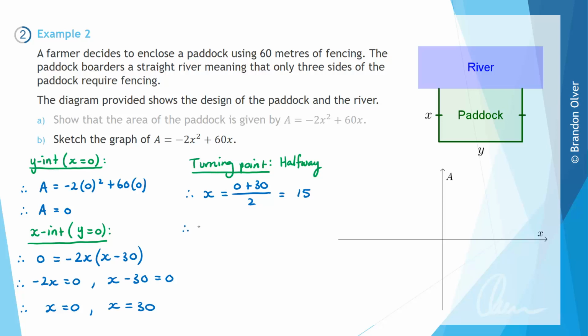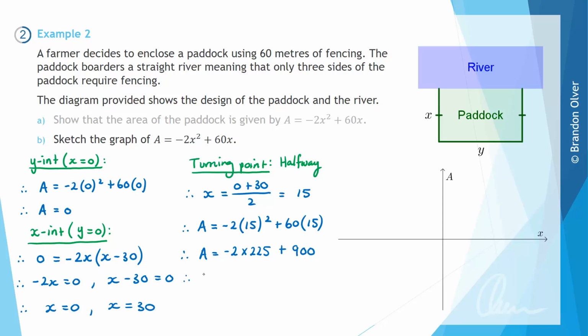So the area when x is 15 is going to be minus 2 times 15 squared plus 60 times 15. So we just substitute 15 into our rule. So the area is equal to minus 2 times 15 squared, which is 225, plus 60 times 15, which gives 900.